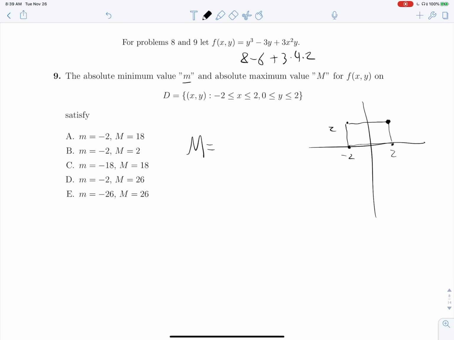So our max seems like pretty obviously is going to be 26. Now for our min, let's see. Well, we can't have a negative y, and any y that we put in here is just going to make our function bigger. So our min is probably going to occur where y is equal to 0.